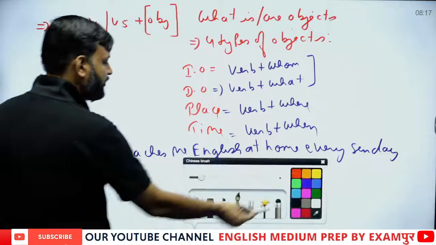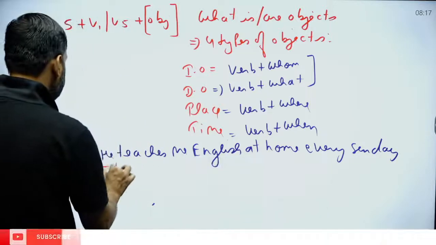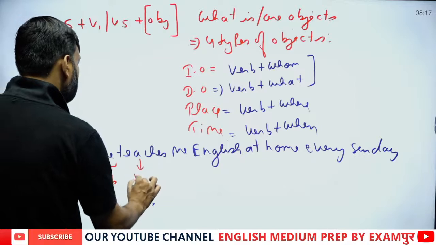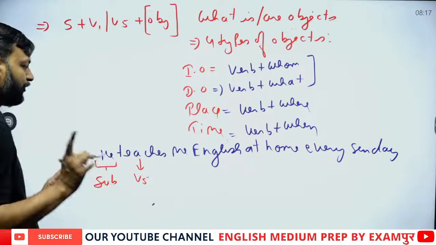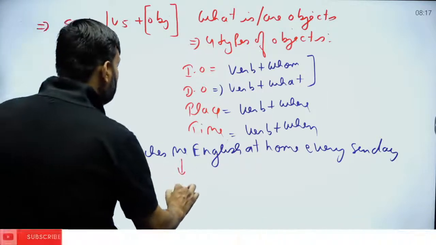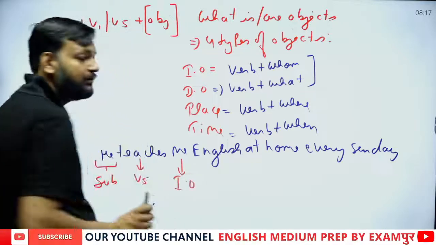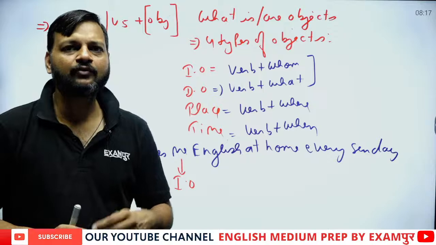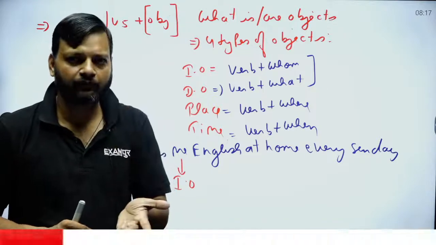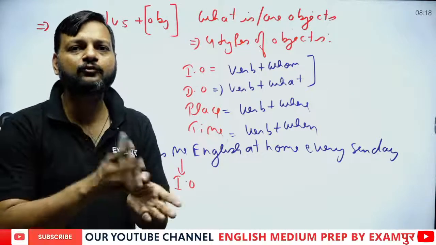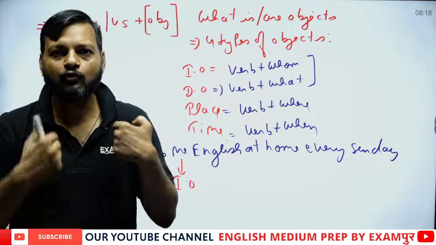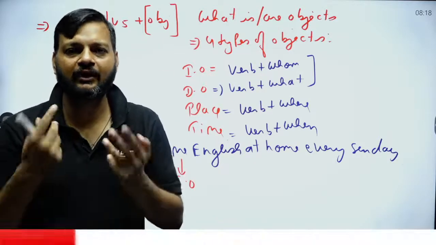Here he is the subject, teaches is the fifth form of verb, me is indirect object. How come me is indirect object? Because he teaches whom? Who is being taught by him? Me. He is teaching me. So me is the indirect object.